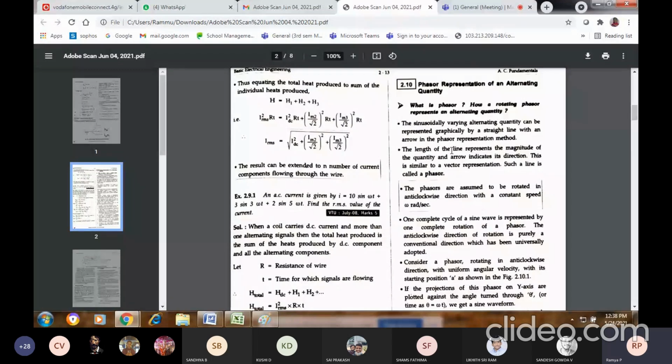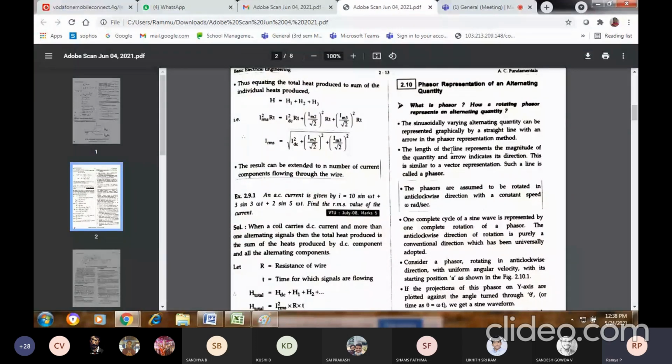For any given alternating quantity, I am varying my component sinusoidally, and obtaining the sinusoidal waveform as a graphical representation is nothing but my phasor representation.